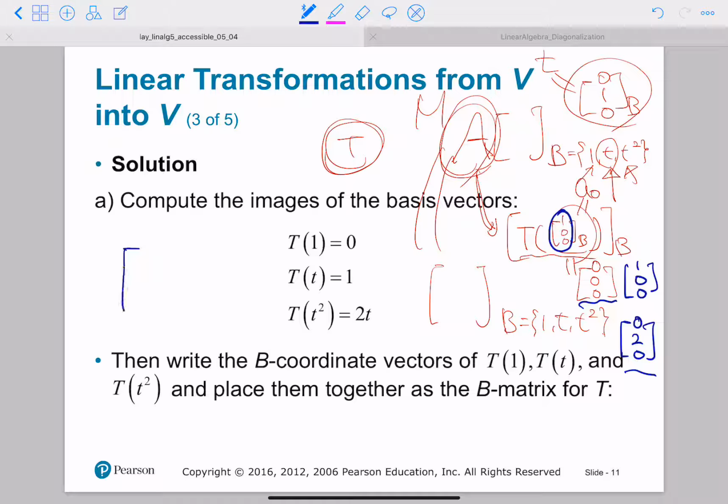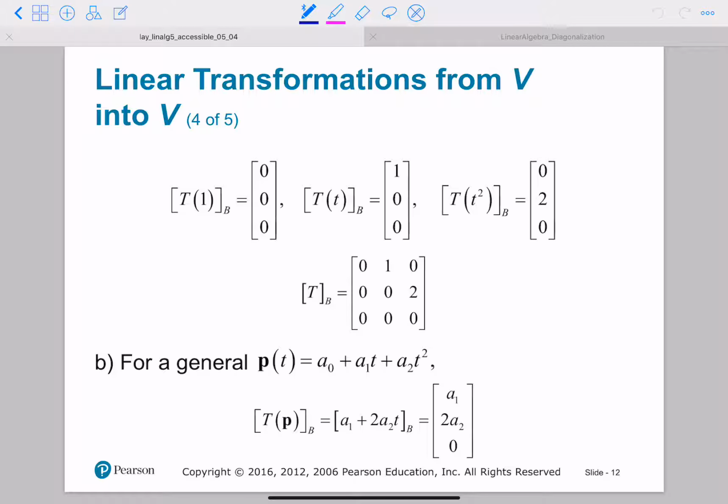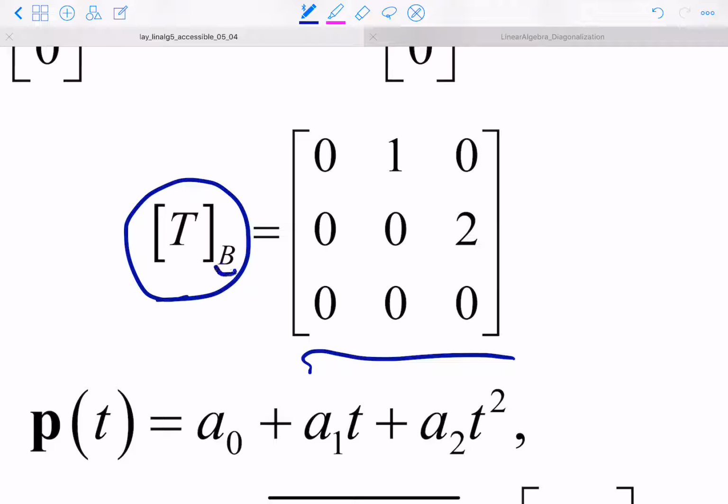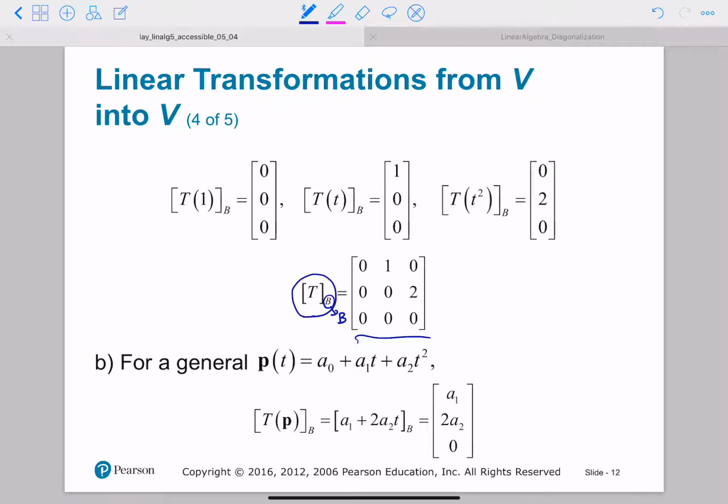And so our matrix will be 0, 0, 0; 1, 0, 0; and 0, 2, 0. Right, so that is our matrix T, where the input is the B coordinate and the output is also the B coordinate, using the same basis B in both input and output.